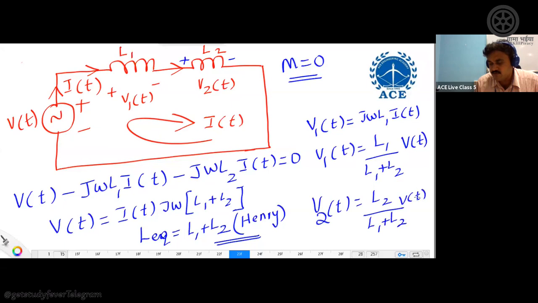That's all. So this is the voltage division principle applicable on inductors. Same as resistors, there is no change. I want to find the voltage on L1. Take L1, divide it by the L equivalent, multiply it by the total source voltage. So your L equivalent is measured seeing across the source terminals. Remember that.